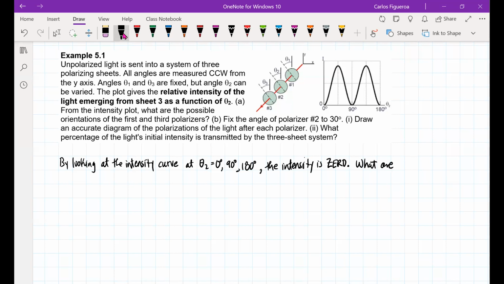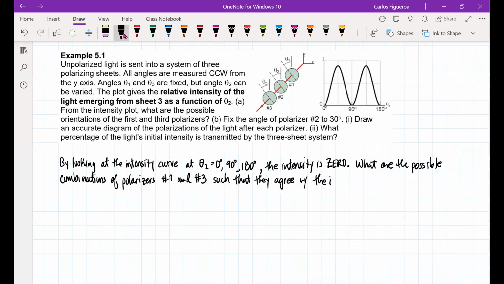What are the possible combinations of polarizers number 1 and number 3 such that they agree with the intensity curve?